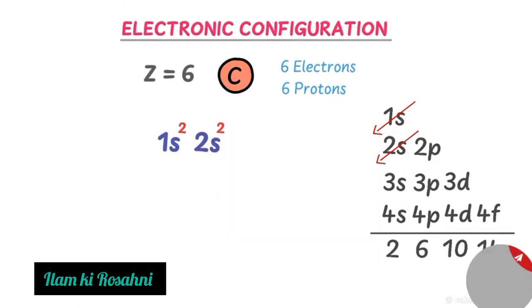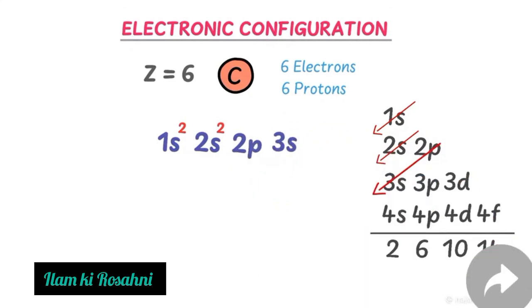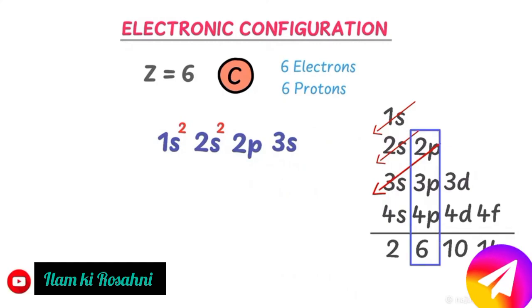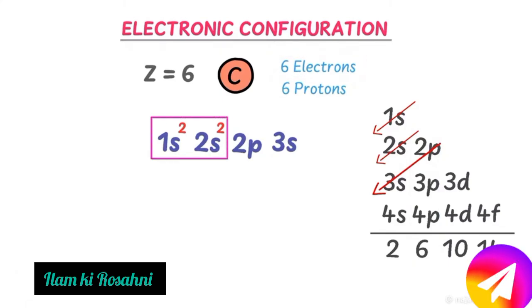Then I cut 2p and 3s and I write here 2p and 3s. We know that P can accommodate 6 electrons, but wait a second. There are 6 electrons in the carbon atom. We have already configured 4 electrons in these S subshells.